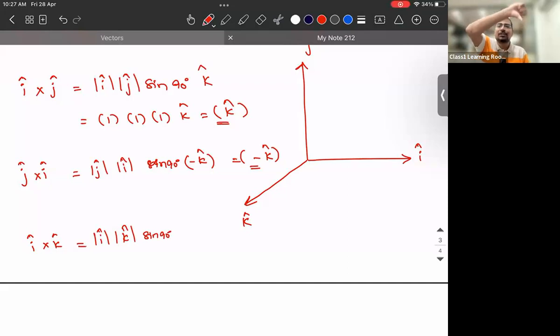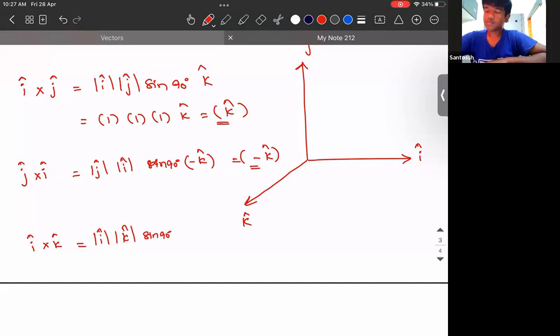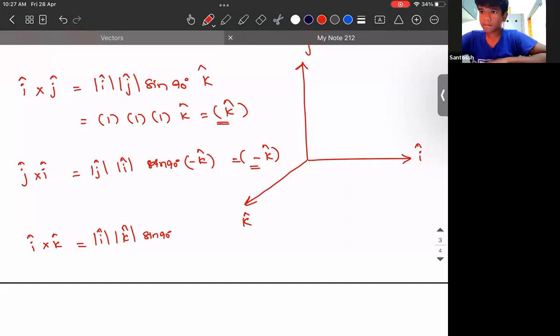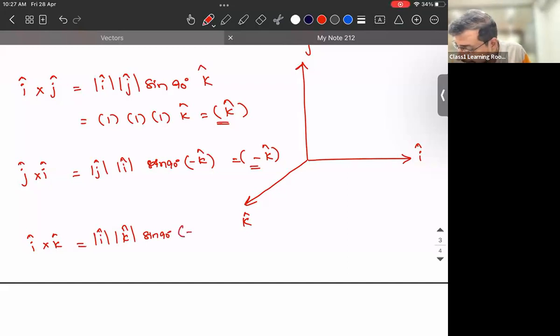What is the downward direction? See, if this is plus J, this will be minus J. So it will be minus J cap.